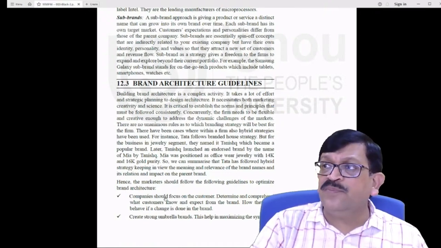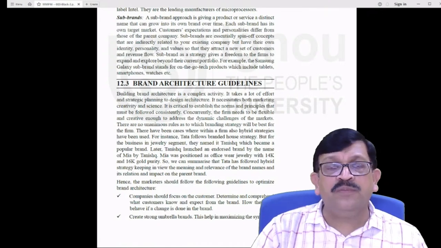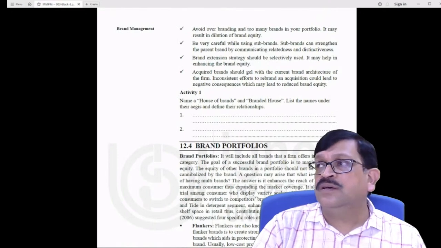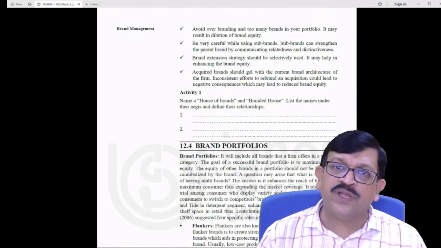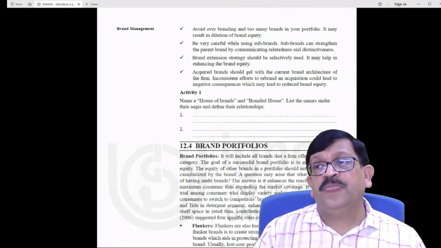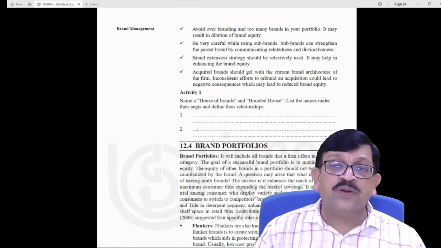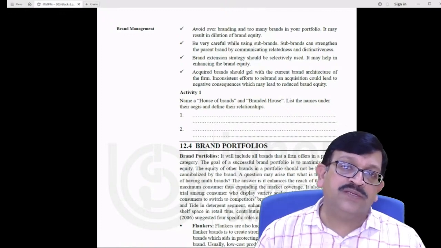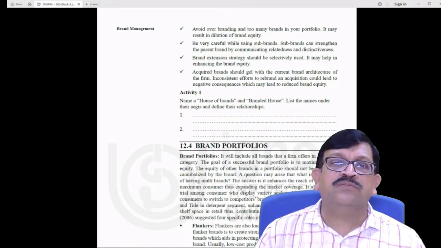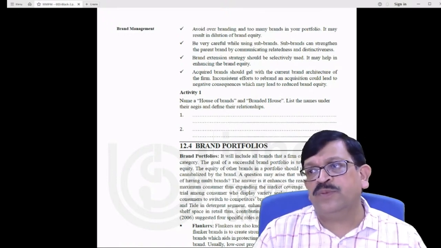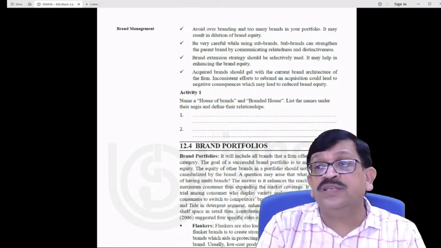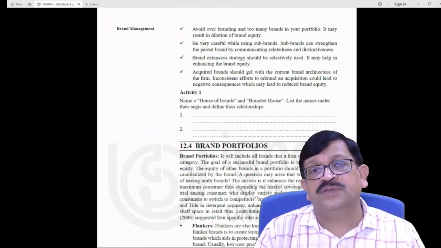Secondly, you must also have brands which can be floated or developed as family or umbrella brands so that you can maximize the synergies without incurring additional cost. But there is also a risk. You cannot keep on expanding your brands in a portfolio to a point where you end up overburdening the architecture or the portfolio, or extending to an extent where it snaps.